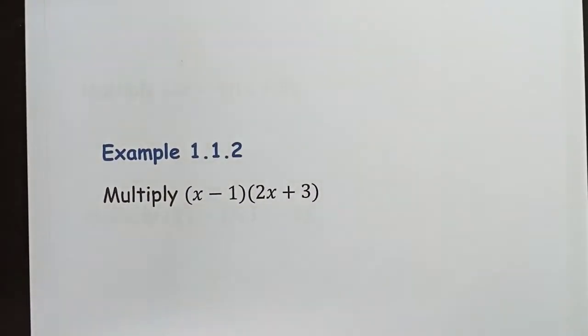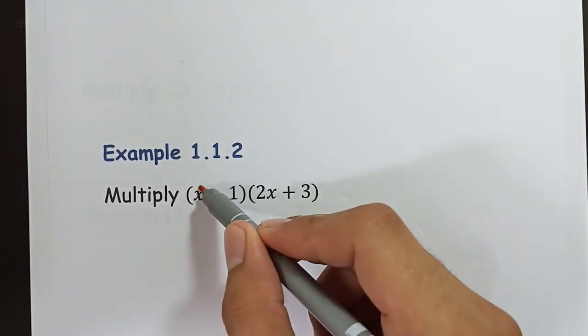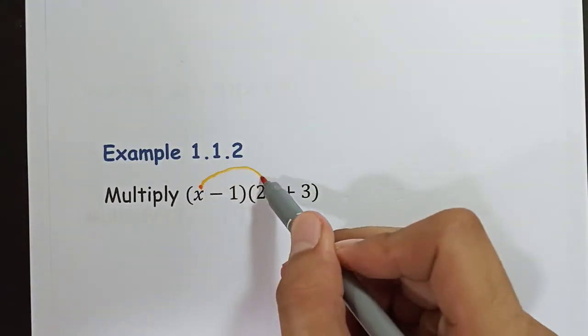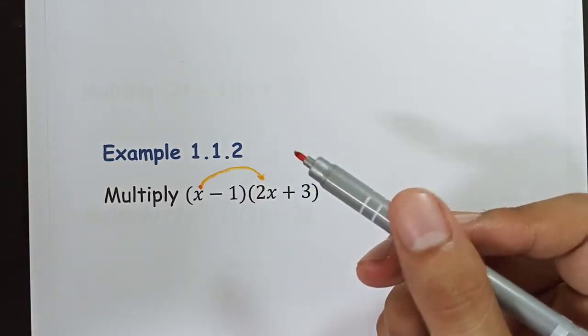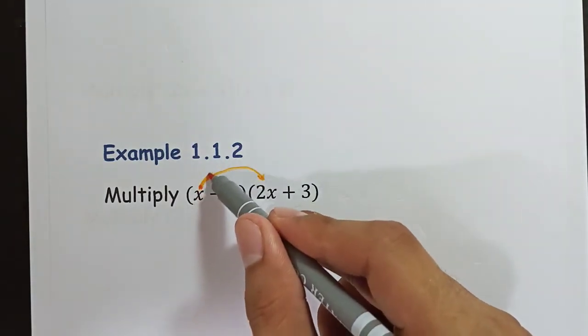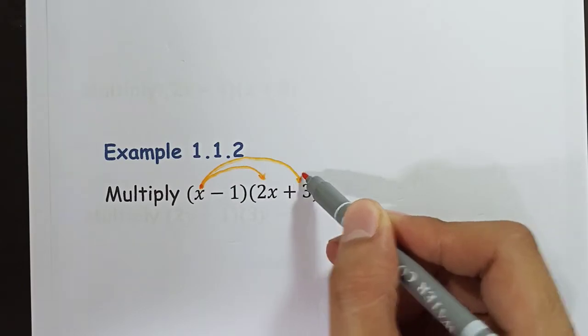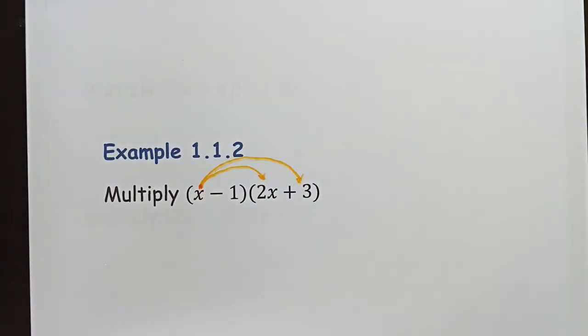Easy. Next, multiply x minus 1 times 2x plus 3. So, here we can use the FOIL method kung naalala. So, paano gagawin? Itong x, multiply natin kay 2x. Then, next naman is kay dun sa second term ng kabilang group.